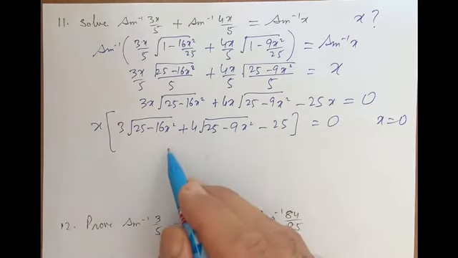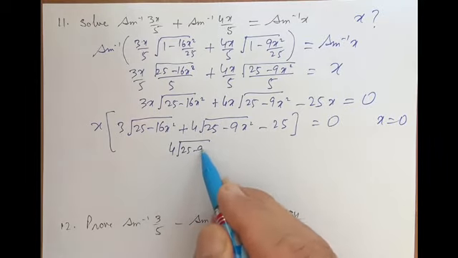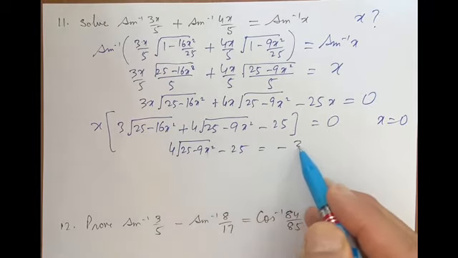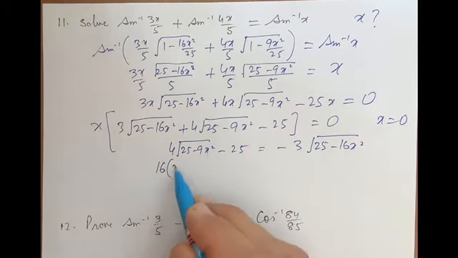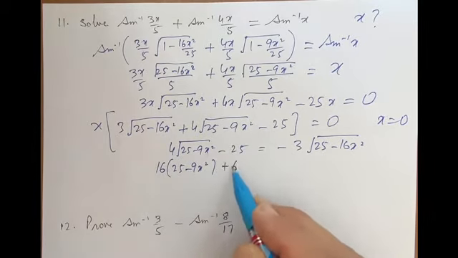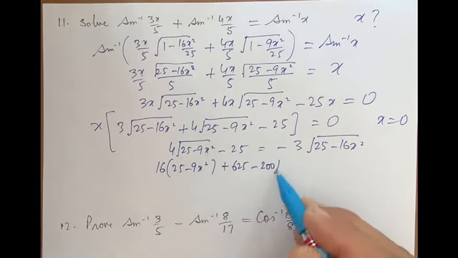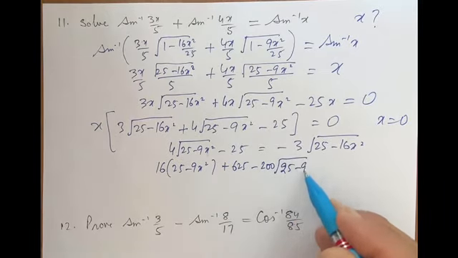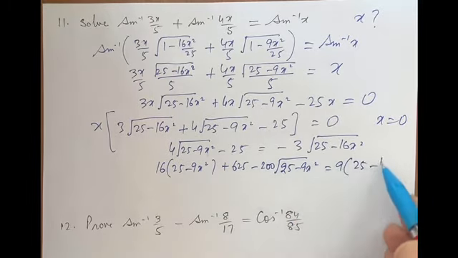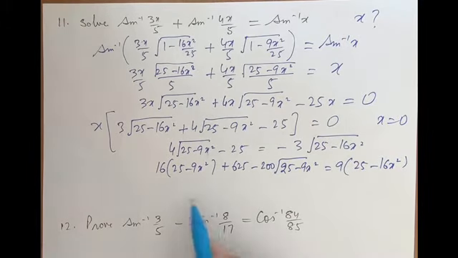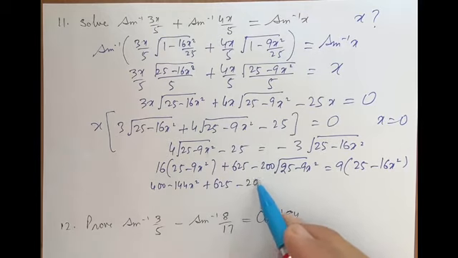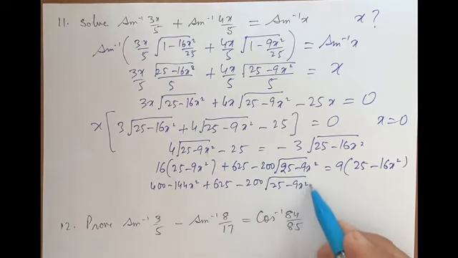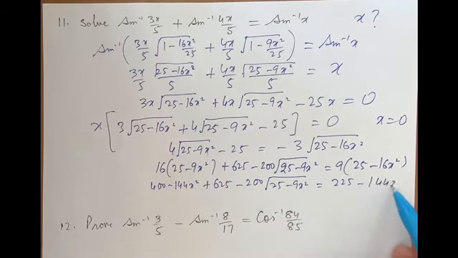This being 0 means 4 into root of 25 minus 9x square minus 25 is minus 3 into root of 25 minus 16x square, squaring both sides. This is plus 625 minus 200 into root of 25 minus 9x square, this is 9 into 25 minus 16x square, 400 minus 144x square plus 625 minus 200 into root of 25 minus 9x square, 225 minus 144x square.